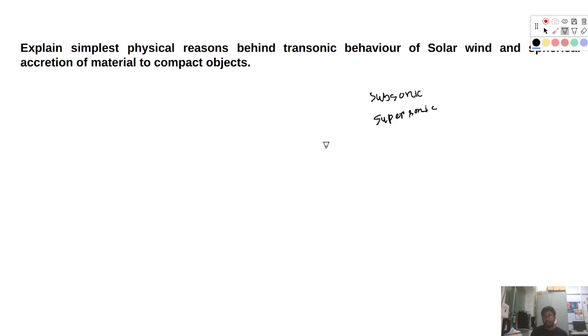So what is solar wind? Say you have the sun. In the sun, you have the photosphere.